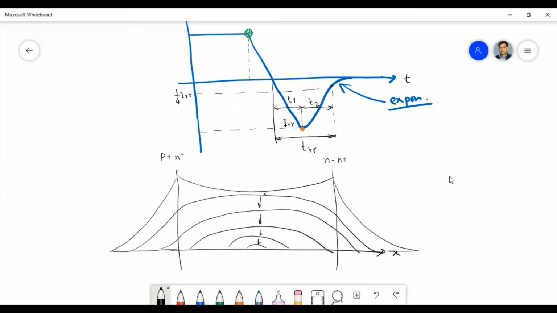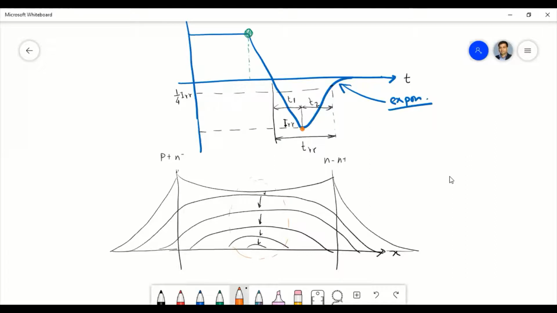This is the concentration density found in this N minus region at the end of the reverse recovery, which is almost 0. Finally it gives this pattern.